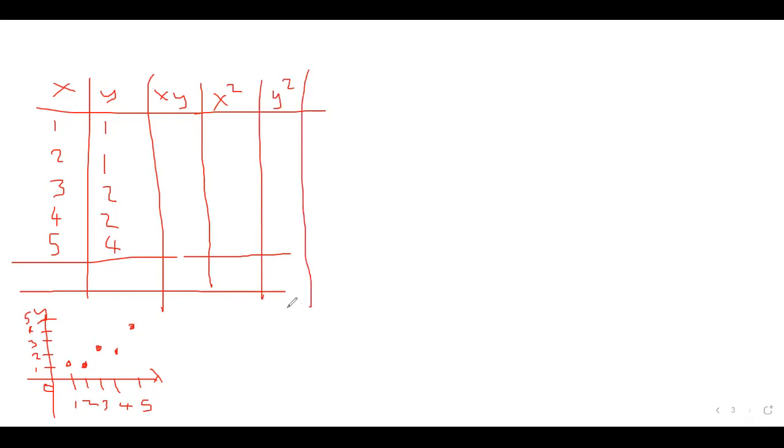Can you help me fill this up? What do we have? 1 for xy. 2, 6, 8, and 20.